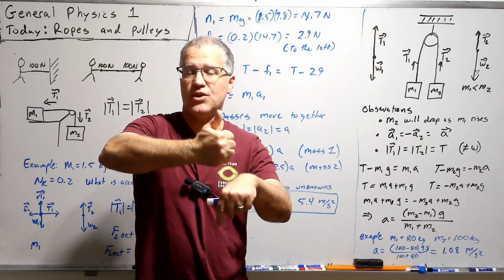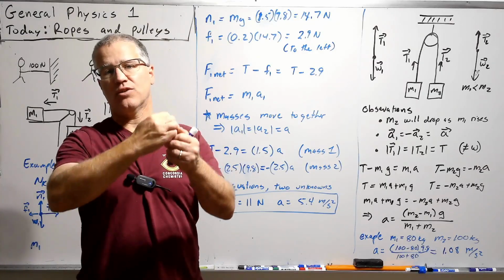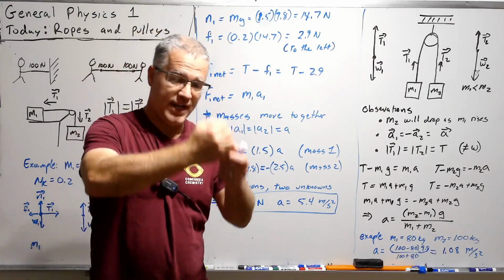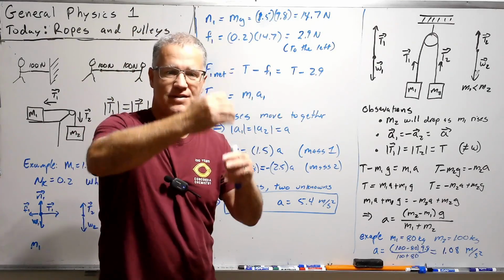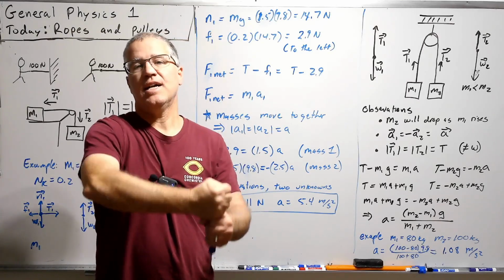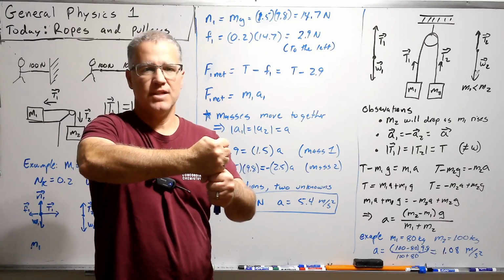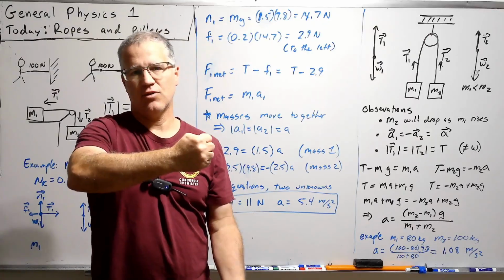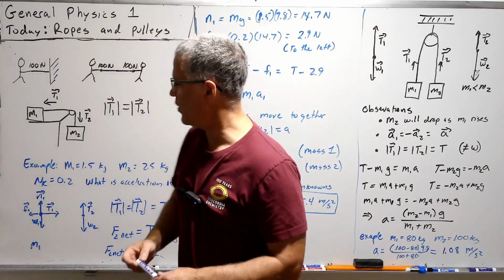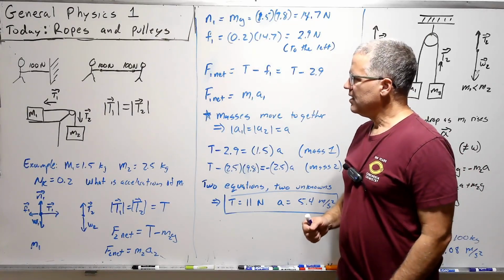If that exceeds the weight force, then we'll pull the weight upward. We'll start to accelerate the weight upward. If the weight is heavier, then we'll get pulled downward, because we don't have enough counter tension to pull that weight up. And if we're holding with exactly the same amount of tension, then the weight will just hang there. We've seen some problems where we had hanging weights before when we were talking about equilibrium.